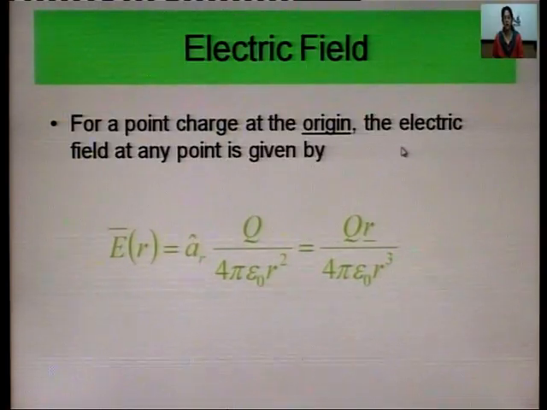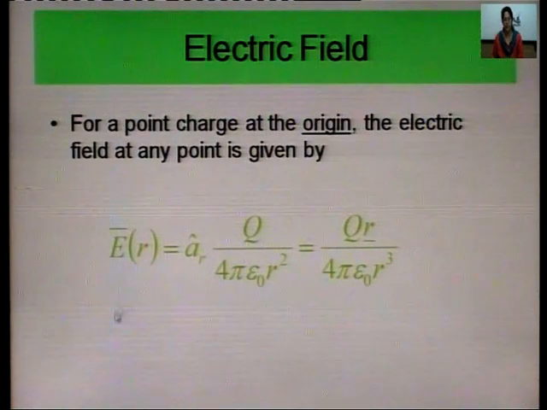For a point charge at the origin, the electric field at a point is given now as a vector. This E is Q upon 4 pi epsilon naught into R square with this unit vector a which gives the direction. So this is the expression of E in terms of Coulomb's law.